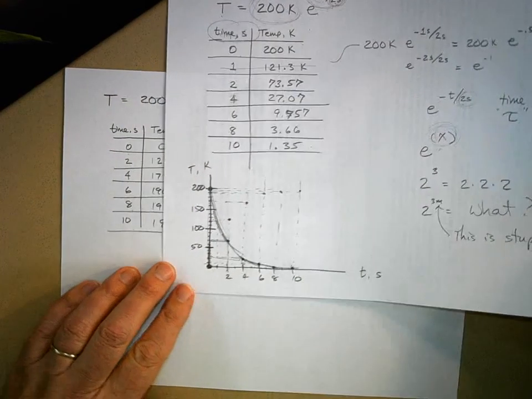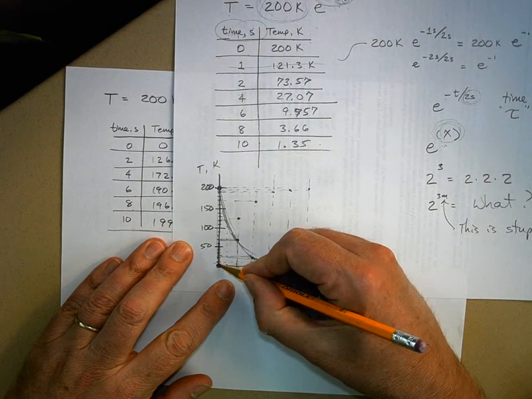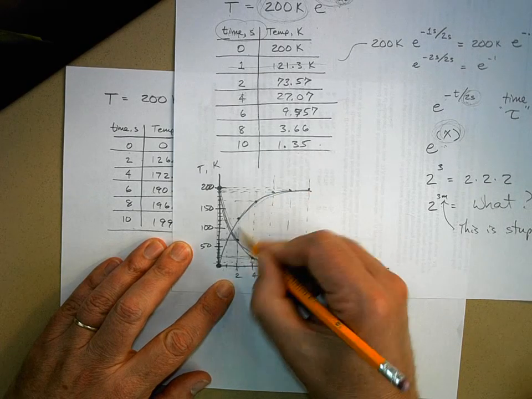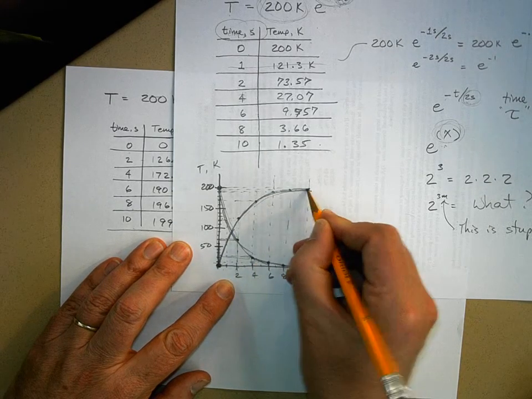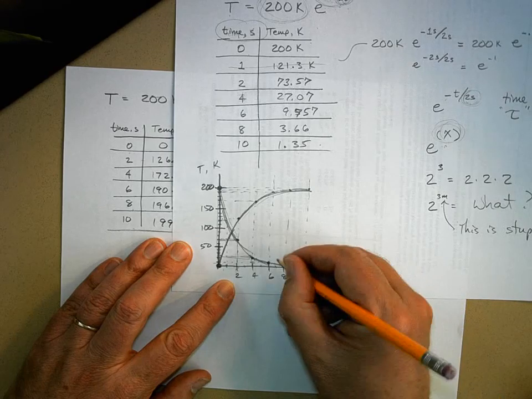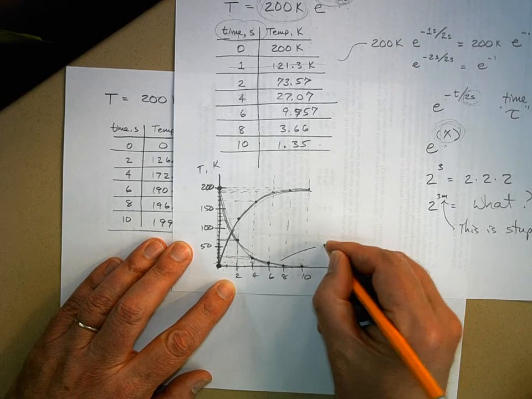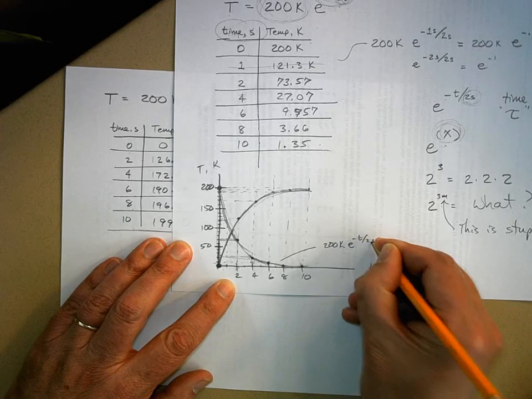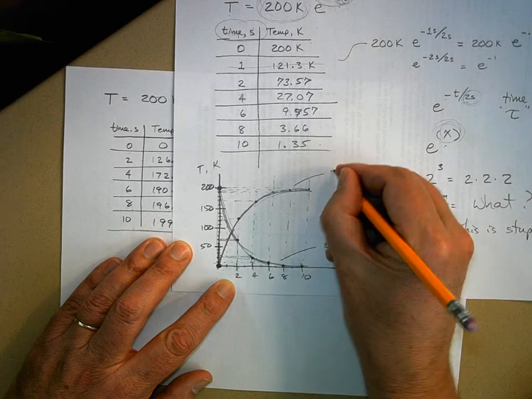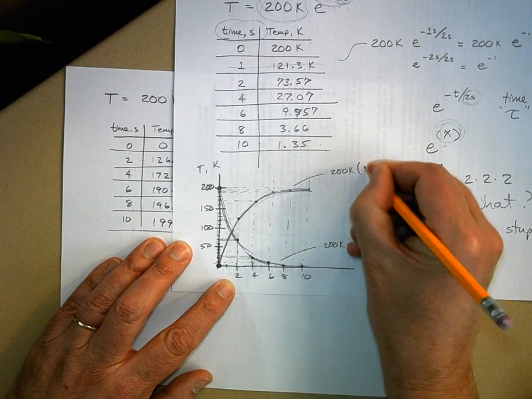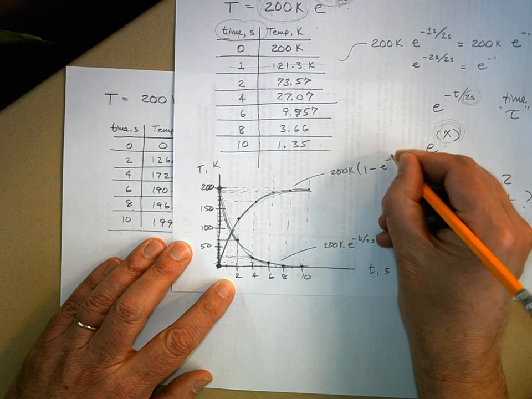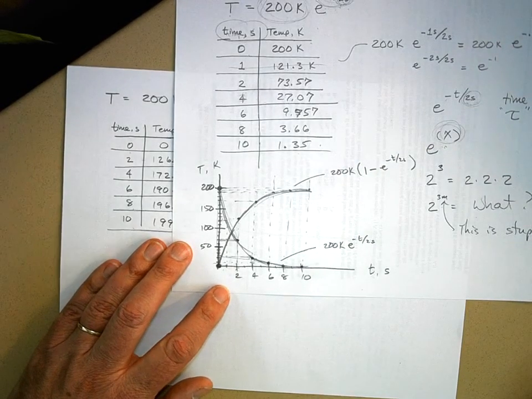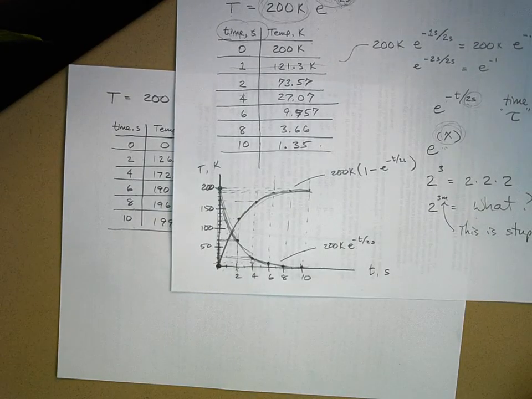Okay, now let's fill this thing out. So this graph right here is 200 Kelvin times e to the negative t over 2 seconds. But this graph is 200 kelvins times 1 minus e to the negative t over 2 seconds. And you can see that they're kind of a mirror image of each other, huh?